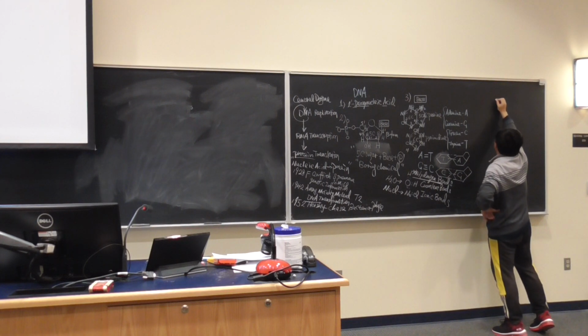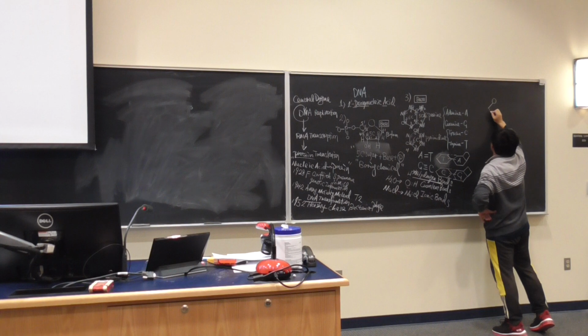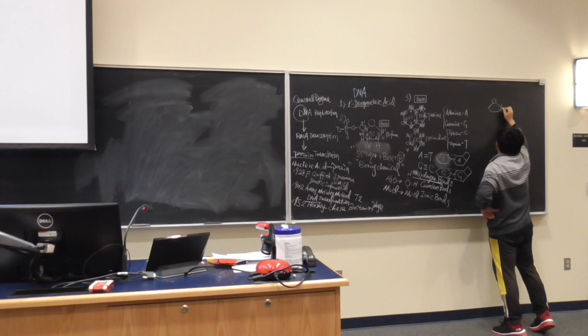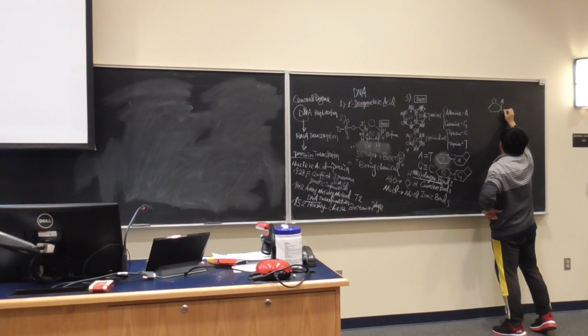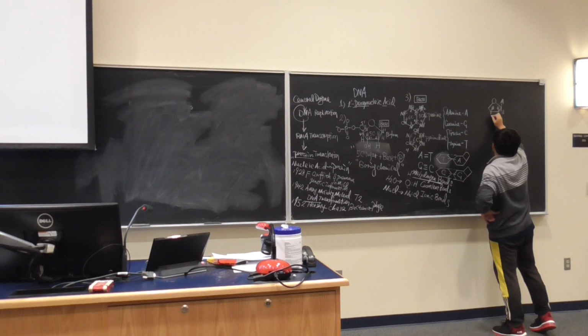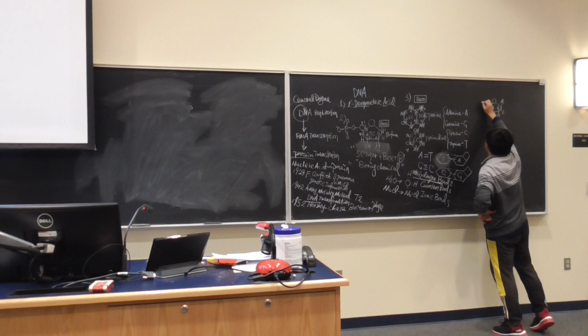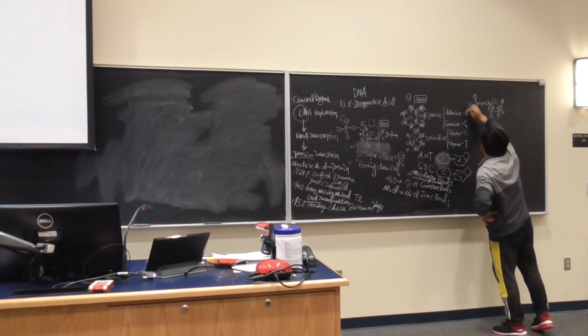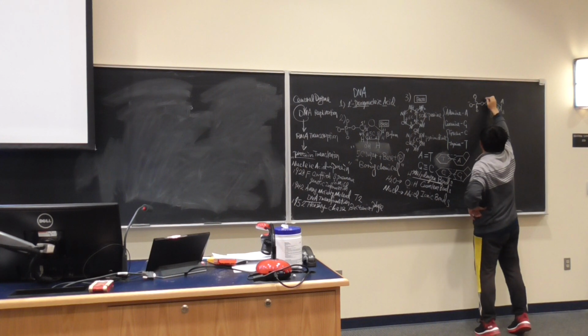Okay, so you have 5 carbon. This is the base, let's say A, H, H, H, H, O. Then you go CH2, O, P, O. This is 5 carbon.